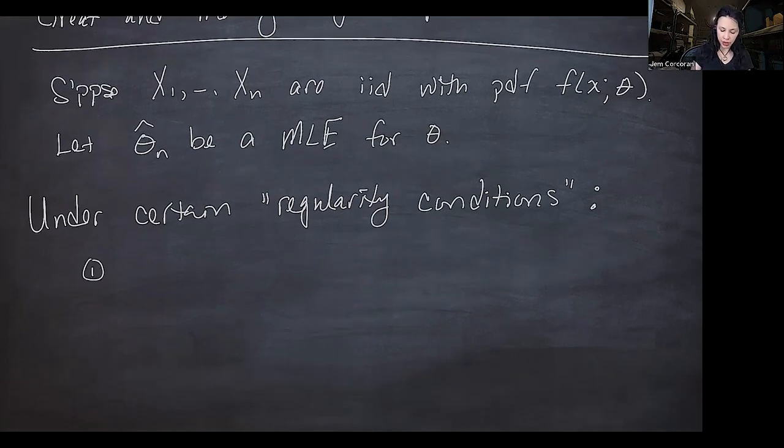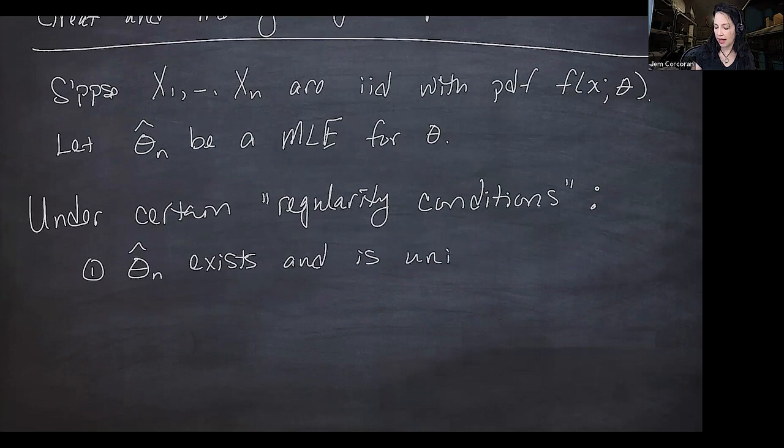So number 1, we get that the MLE exists and is unique. And I'm not going to prove this one today because it's not really anything specific to math stat. And there's so many different sufficient conditions here.